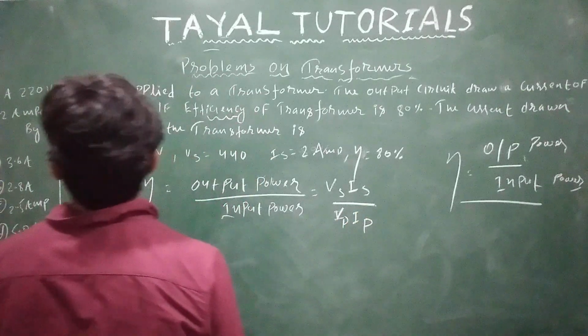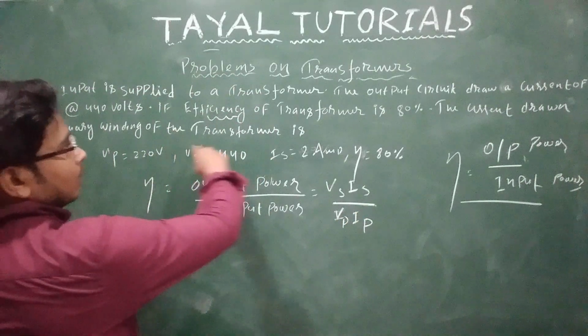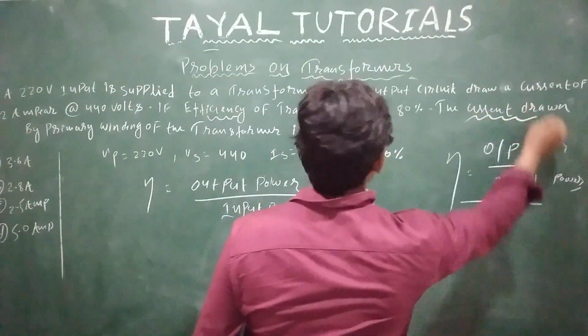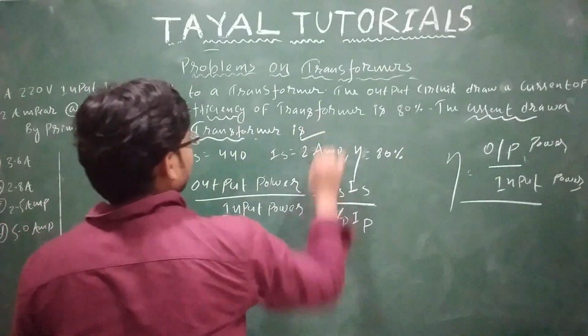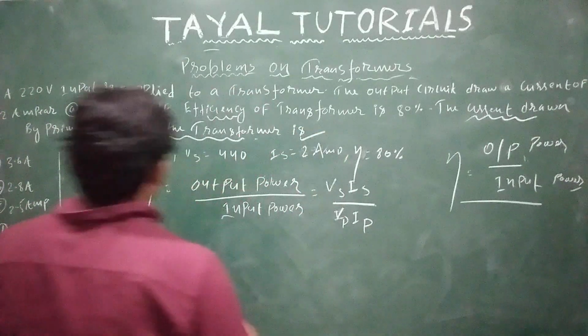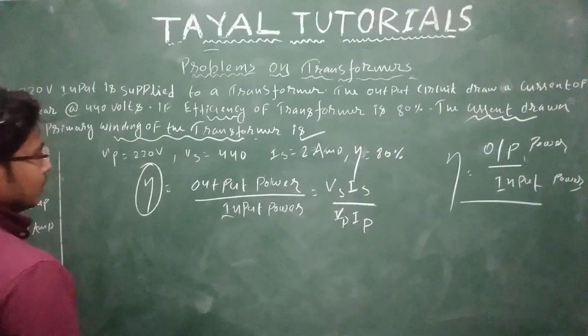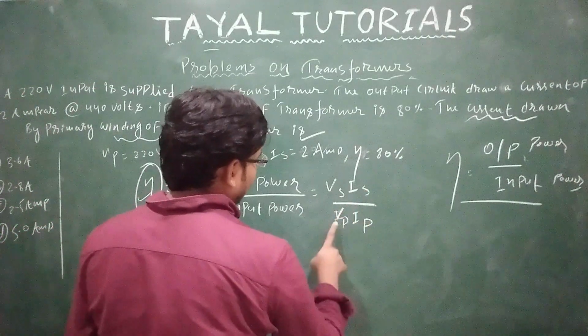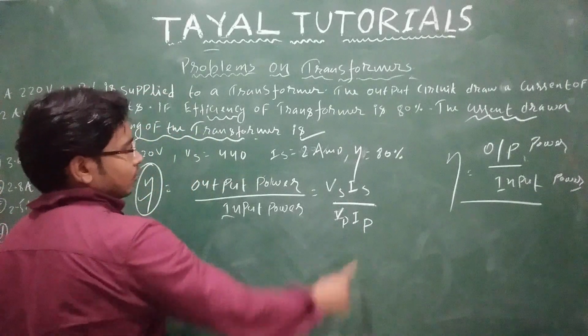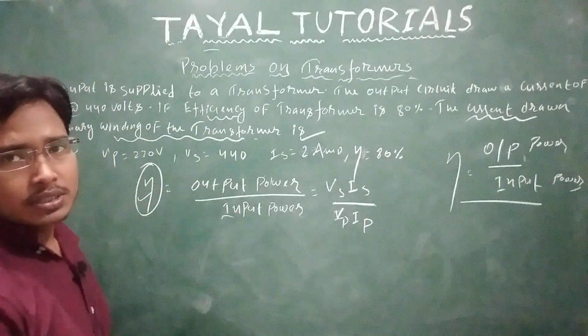You can see that the question is asking the current drawn by the primary winding of the transformer, meaning it is asking for your primary current. You know this value, this value, this value, this value. One equation, one unknown, a simple question.